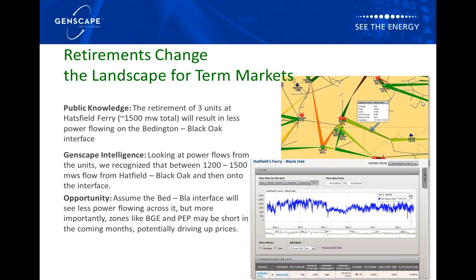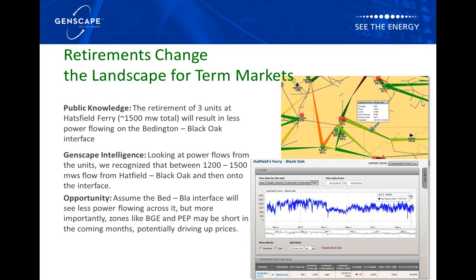The fourth example for PJM is really in terms of your long-term planning, and we look at the data we have, and we can use that to make some more informed decisions about generation retirements. The example we have here is just last week, the Hatfield Ferry power plant retired 3 units, totaling 1,500 megawatts.